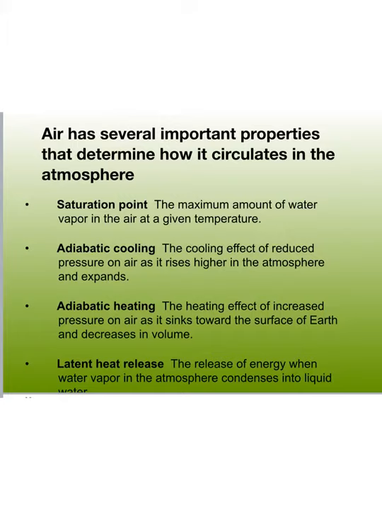The release of this energy when water vapor in the atmosphere condenses back into a liquid is known as latent heat release. So it's because of this latent heat release that whenever water vapor in the atmosphere condenses, the air will become warmer and you'll have a rise in the atmosphere.